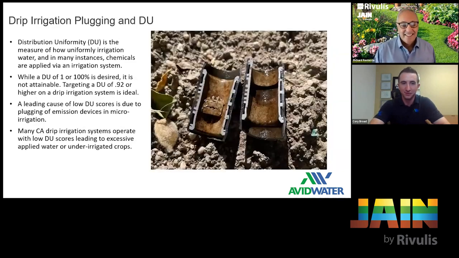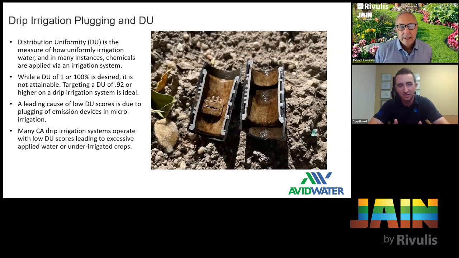Absolutely. So this slide goes without saying, but it's pretty straightforward. When we talk about distribution uniformity, that's going to be the selling point or the topic of discussion for, number one, why you should invest in micro irrigation, but also why you should invest in keeping it clean and well maintained.